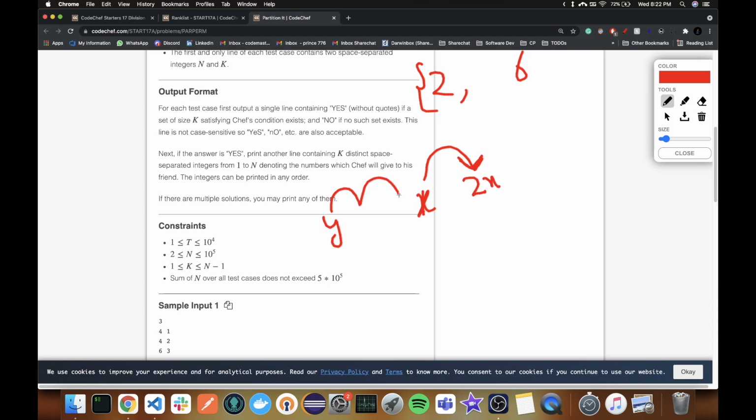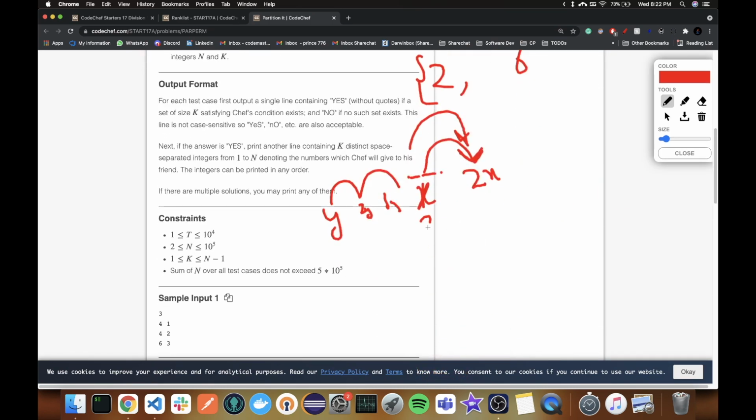So I'm gonna choose all of the multiples of y, and it goes like this. So if this was 2, let's say this was this, I chose 6.